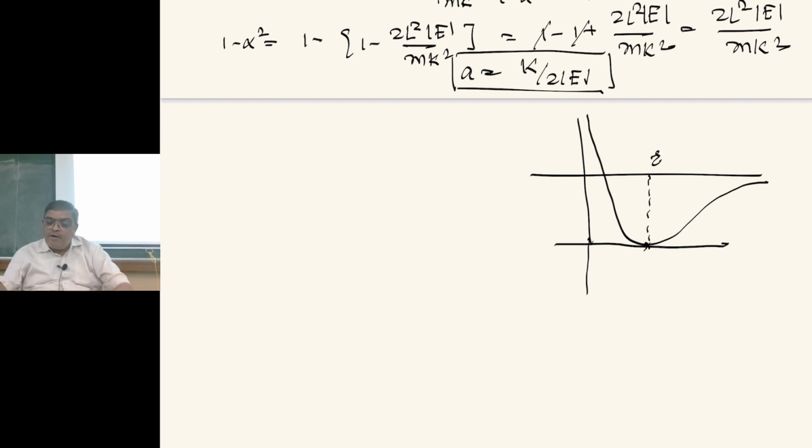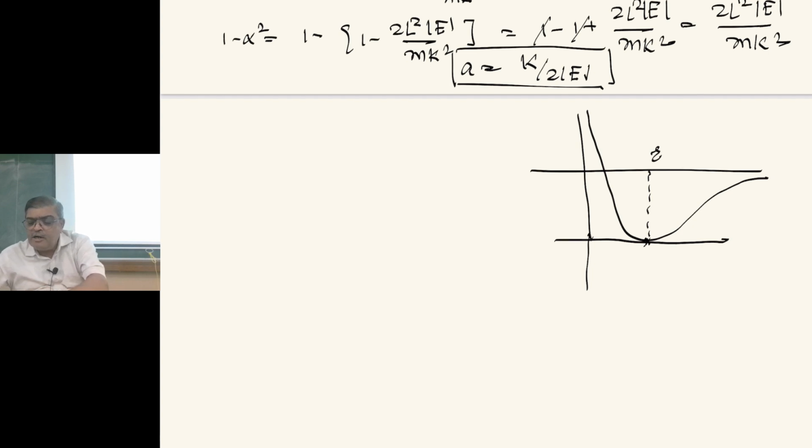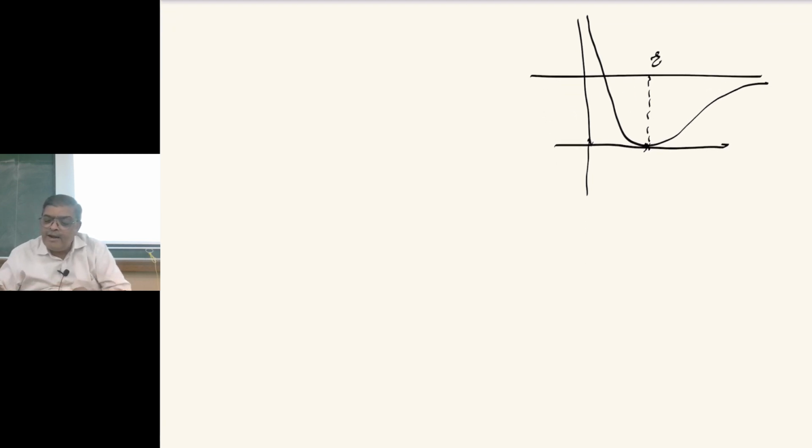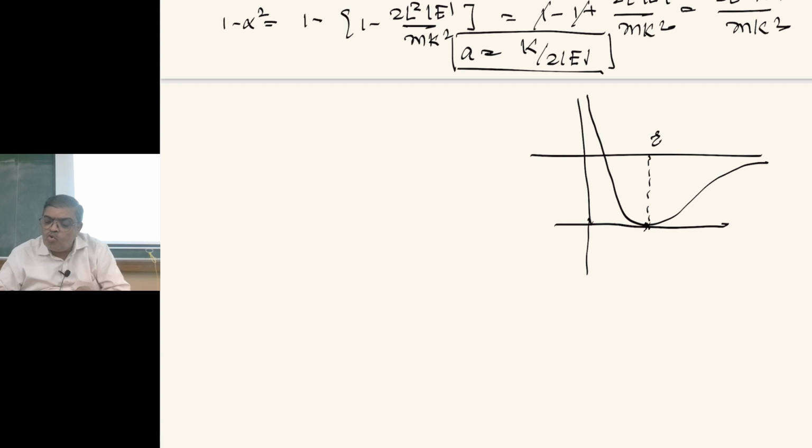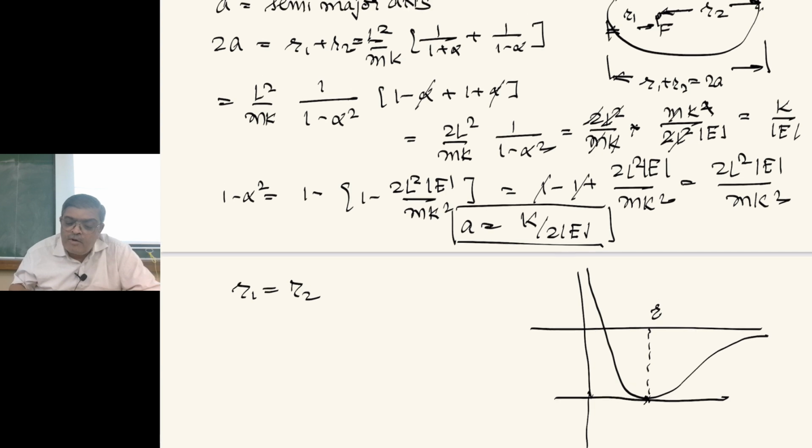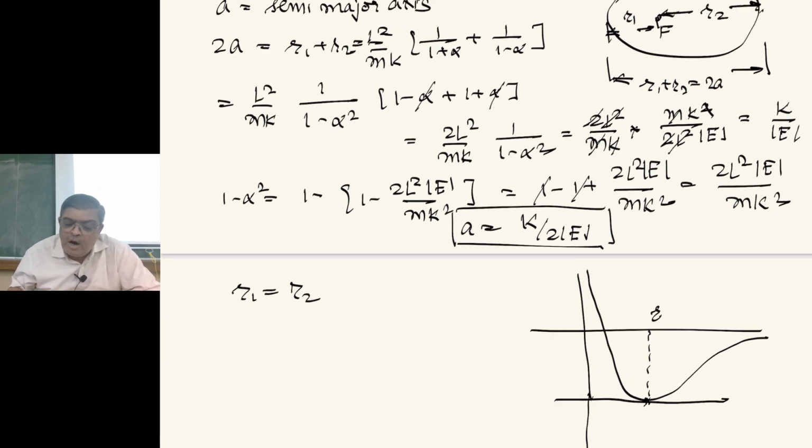And this point of contact, what happens? You can imagine what happens as I slide this down. As I slide it down, the two roots start to coalesce, right? So we are looking for the condition when R1 equals R2. So let us try to see what are R1 and R2. We know what they are.